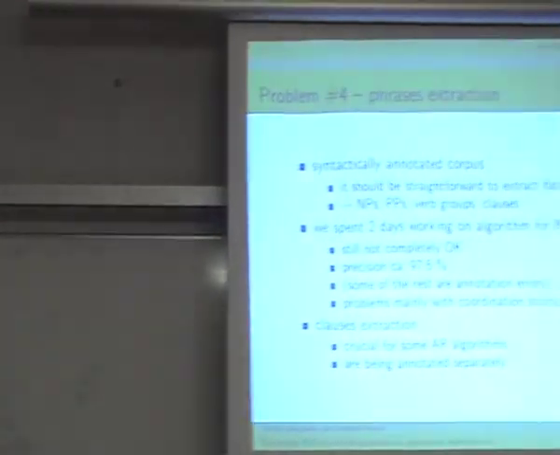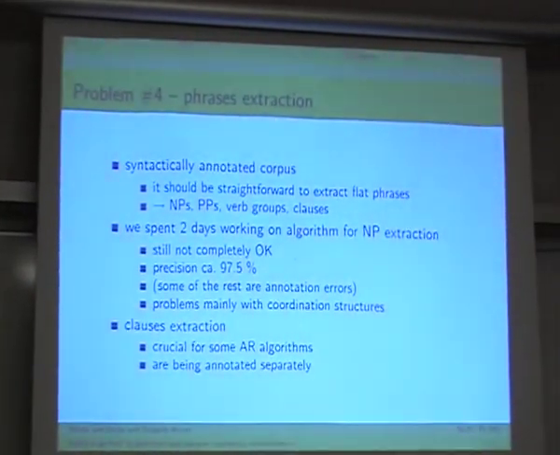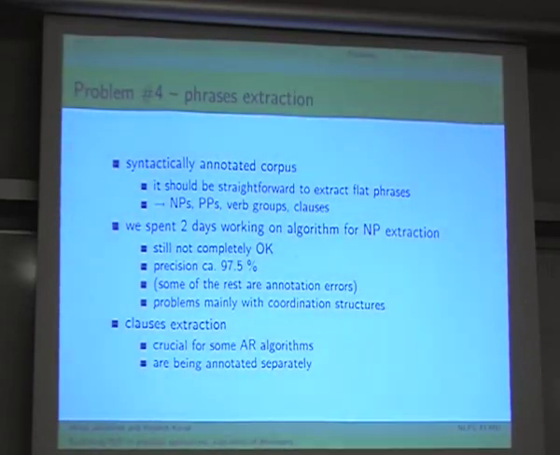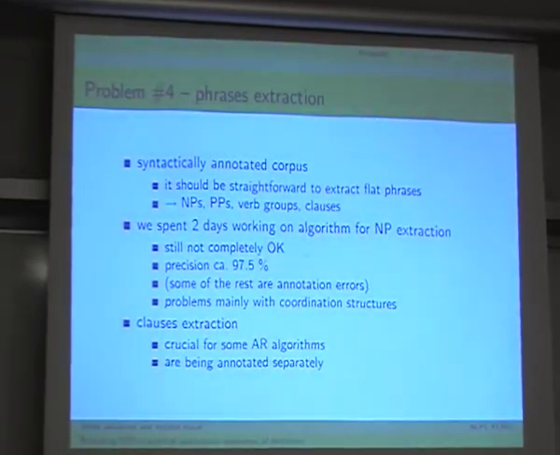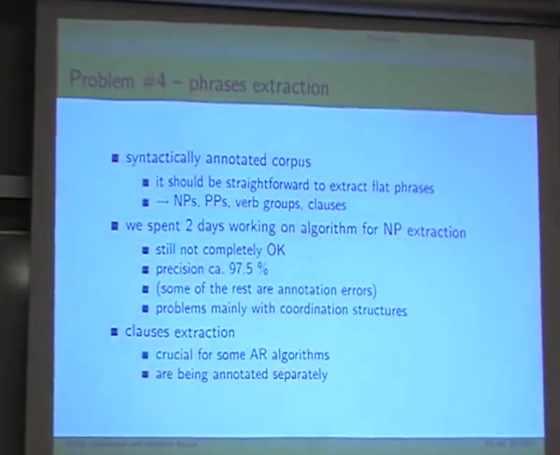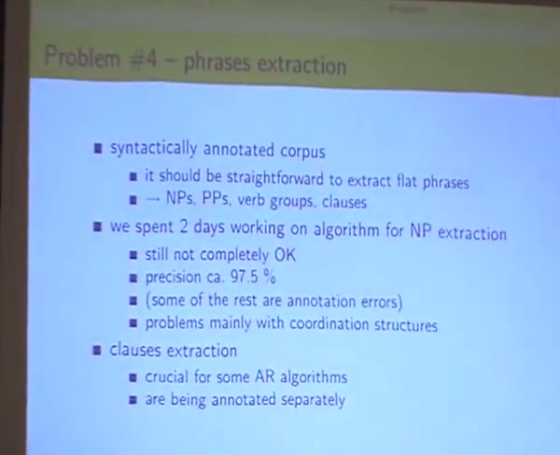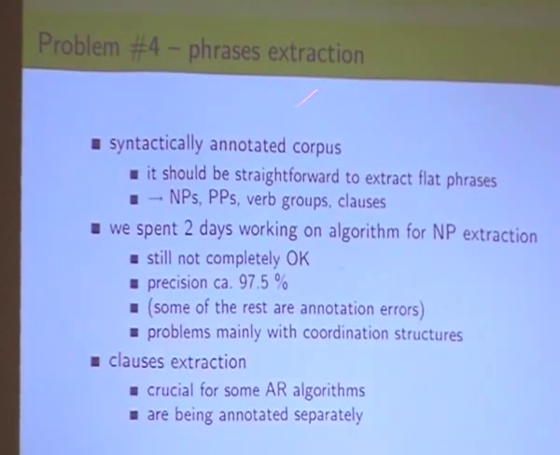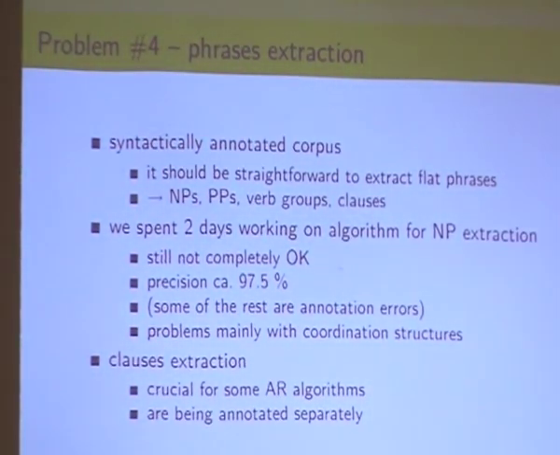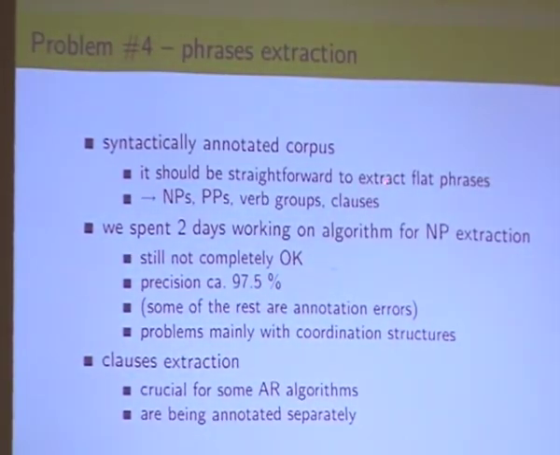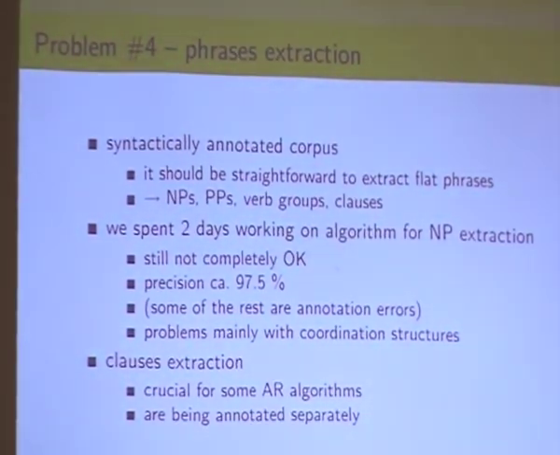Problem number 4 is the problem of extraction of phrases and other flat syntactic structures. We would expect, again as developers, that when we have a syntactically annotated corpus, it should be straightforward to extract shallow parsing information, such as noun phrases, prepositional phrases, verb groups, or clauses.